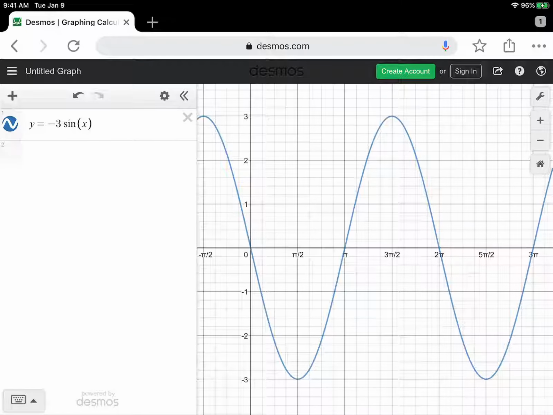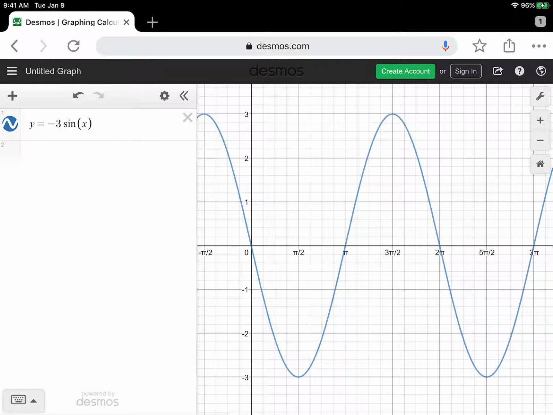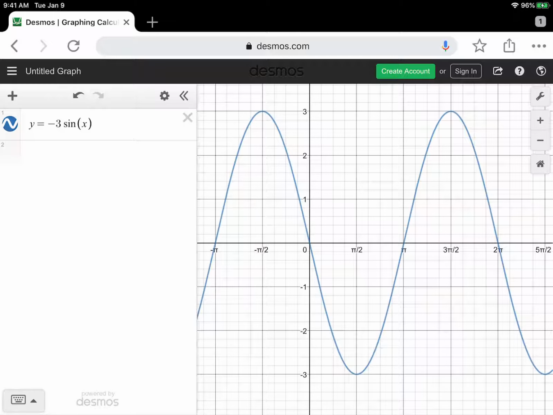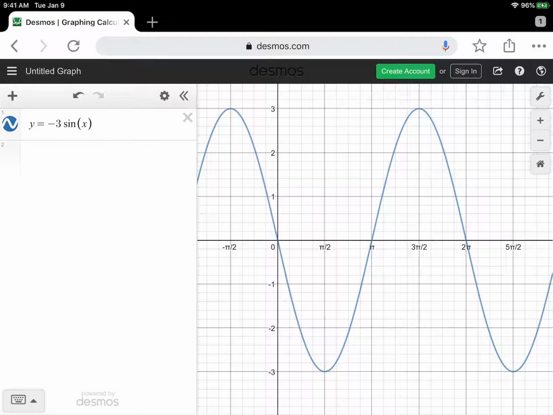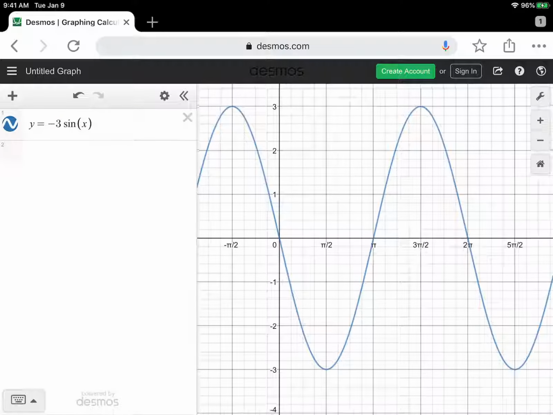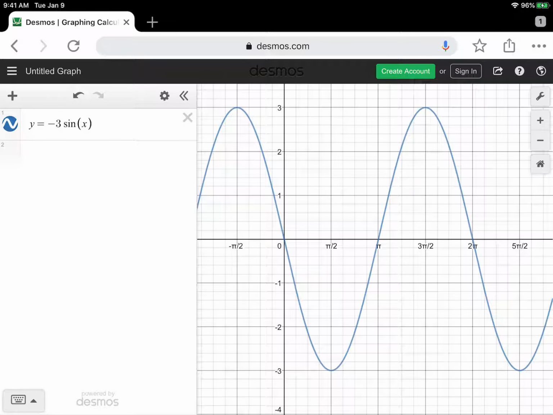There is my graph for this function. So we can see a midline. Hopefully you can understand where the midline is, and that would be at y equals 0. If I look at my midline, I can see that the highest the graph goes is 3. And again, you can start anywhere you want. I like to start at 0, 0.